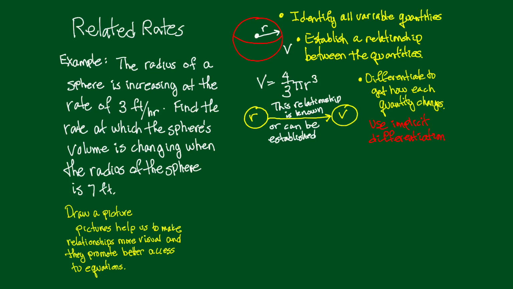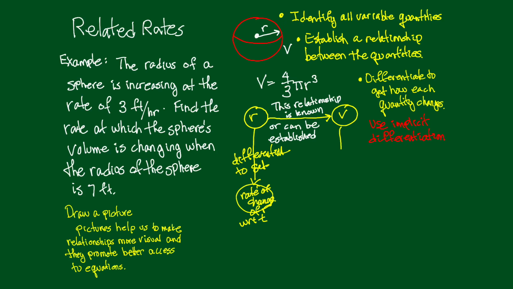So here's the plan. I'm going to go over here and I am going to differentiate in order to get this. So what I want down here is the rate of change of R with respect to time.